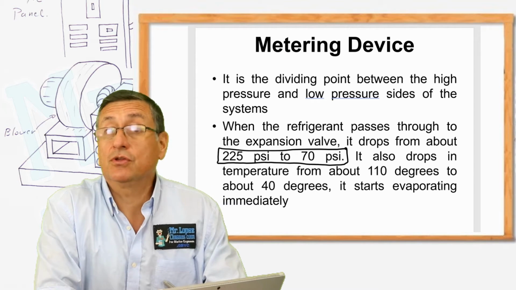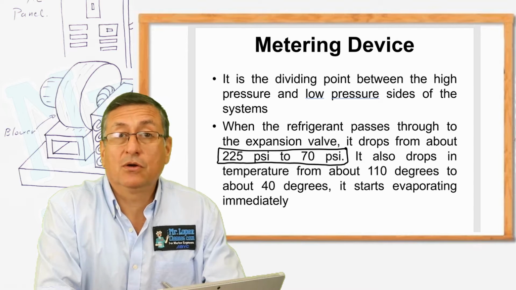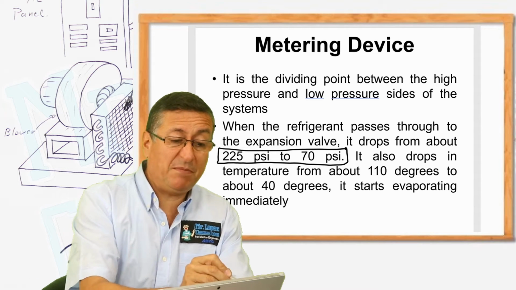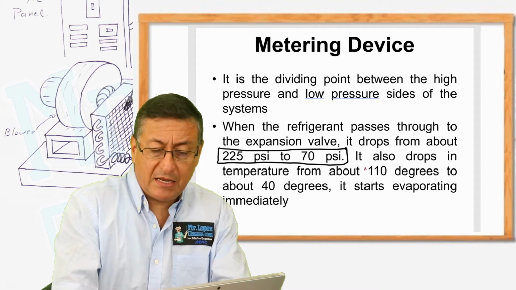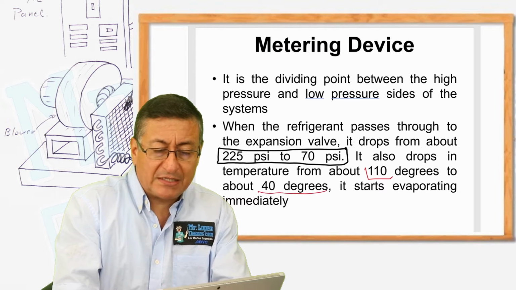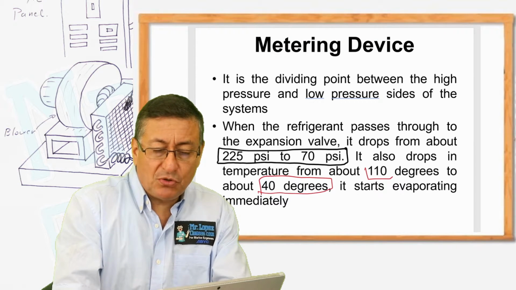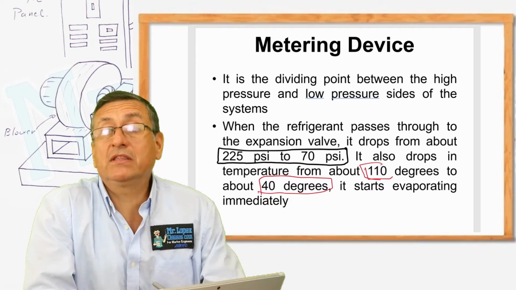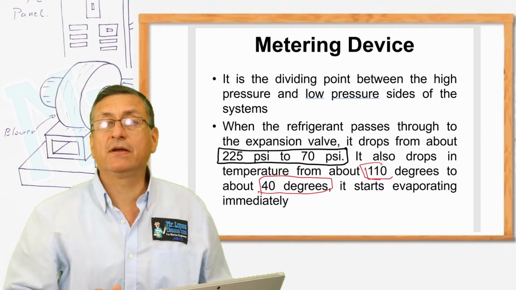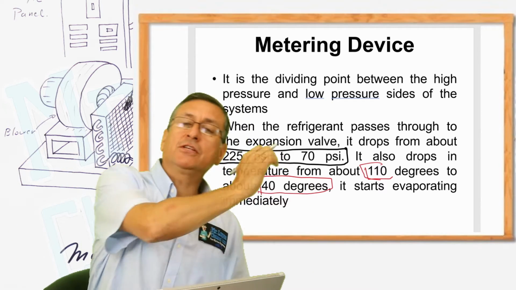The pressure is reduced dramatically, no? And the temperature goes from 110 into 40 degrees. The temperature goes down from 110 degrees before the expansion valve to 40 degrees after the expansion valve.